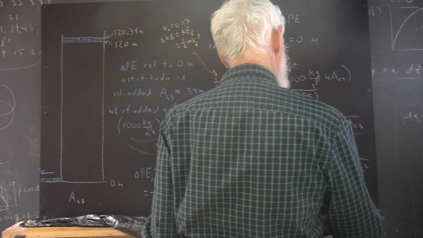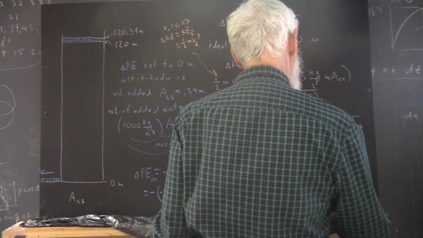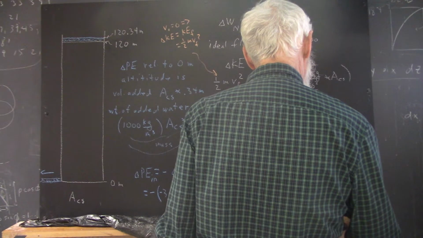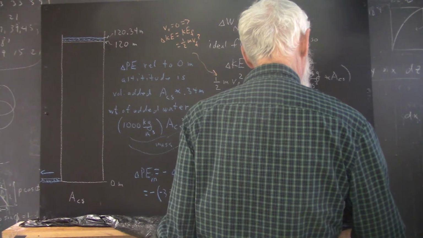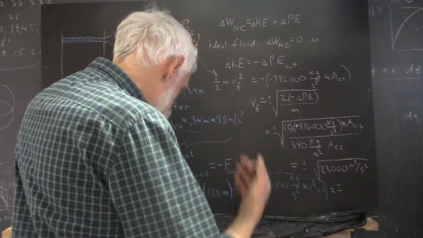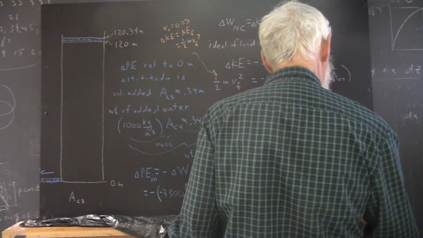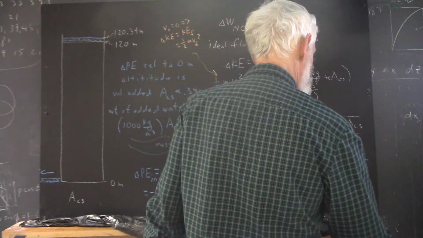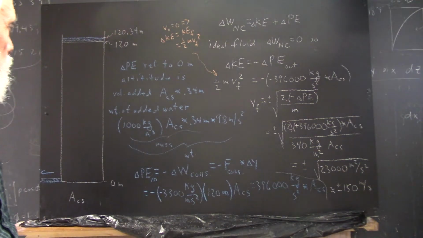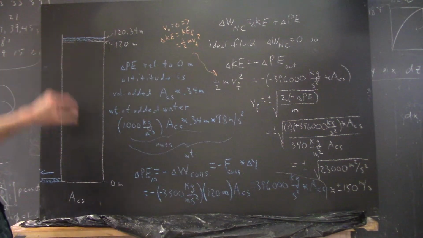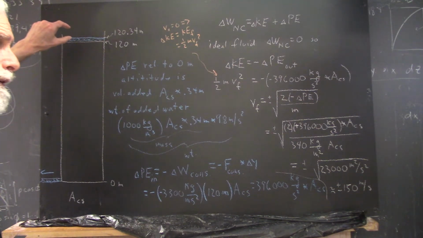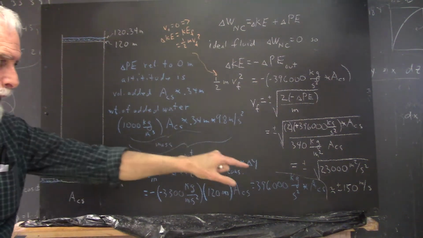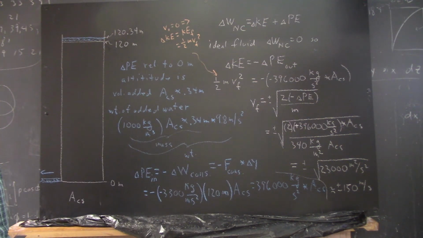I'm going to just say about 23,000 meters squared per second squared, square root of that, and that's going to be approximately plus or minus 150 meters per second. Very close to that. Okay, so now we have the potential energy increase, and then we have an equal potential energy decrease converted to kinetic energy, giving us 150 meters per second exit velocity.